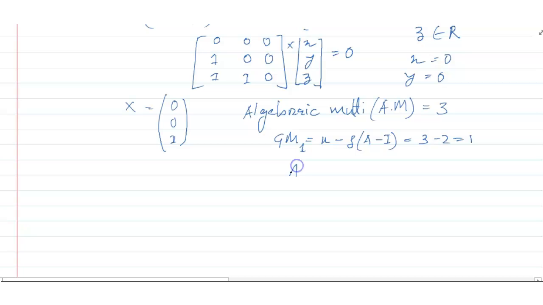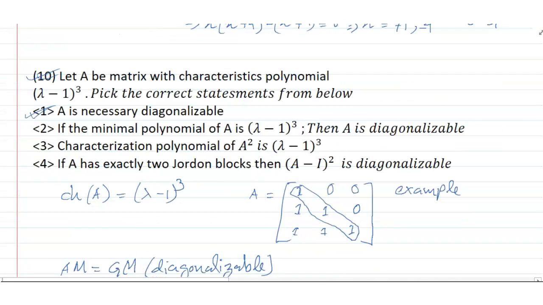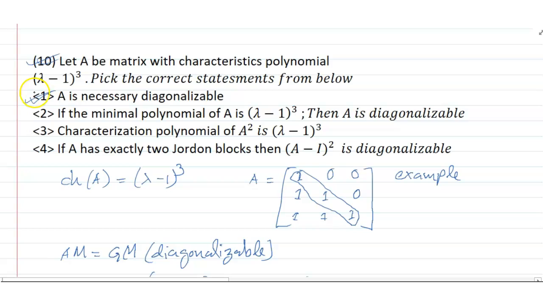So AM does not equal GM. So it cannot be proved that it is necessarily diagonalizable. This idea is totally wrong.